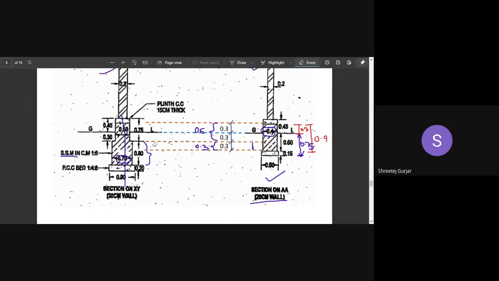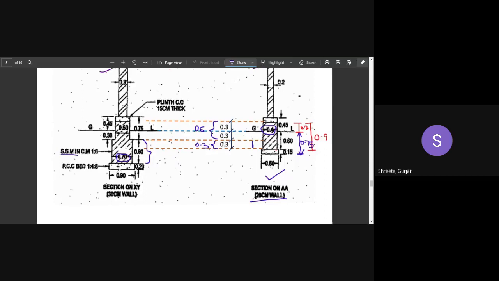So what I need to do is deduct 0.7, not 0.4, because of how much it is in contact with. It is in contact with this step, which is 0.7. So from 4.3, I will deduct 0.7. So the length is 3.6.